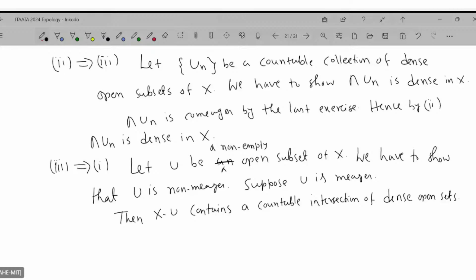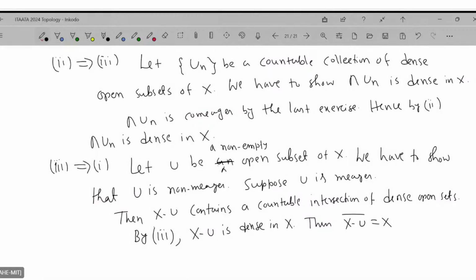So that means X minus U itself is dense in X. Thus, the closure of X minus U is X. And this proves that U is an empty set.